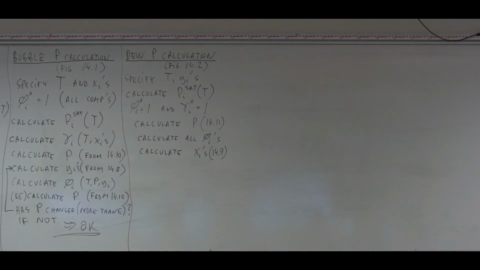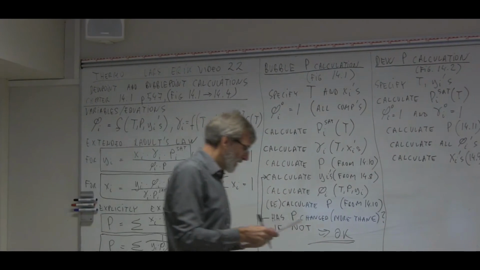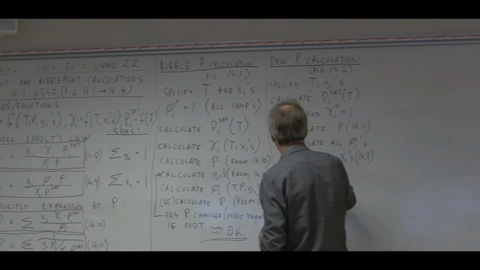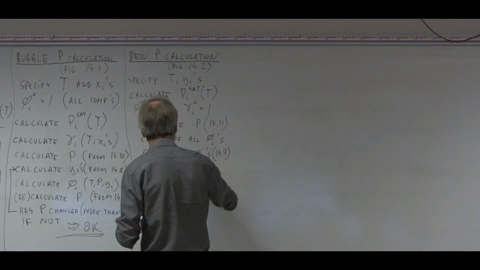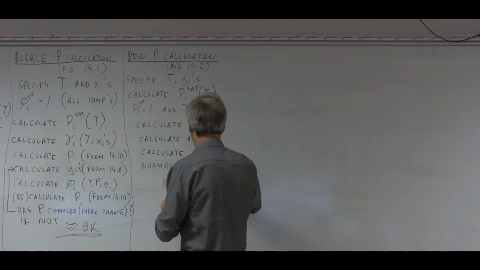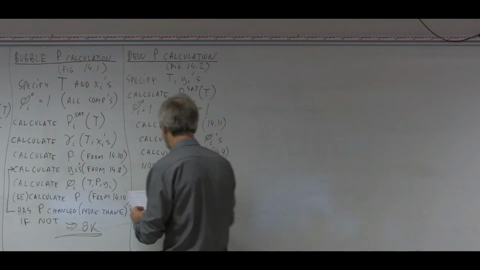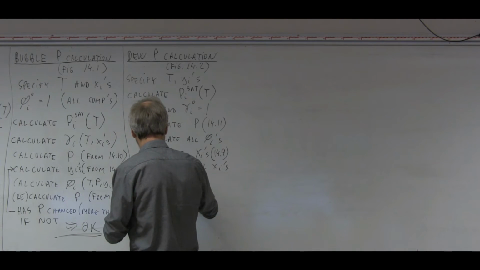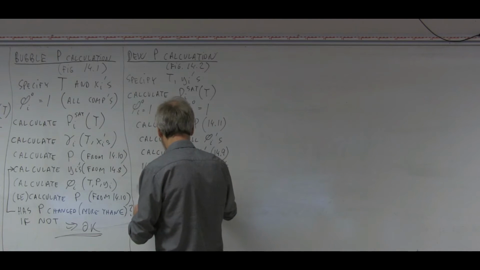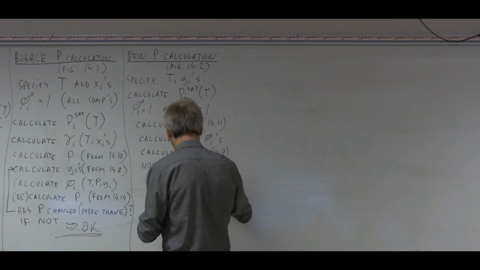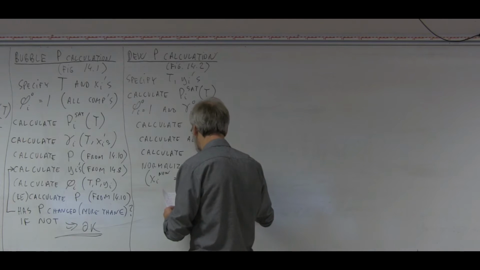They can be calculated by this equation 14.9. Then we normalize all the x's by setting the new x's equal to xi times 1 over the sum of xi's.